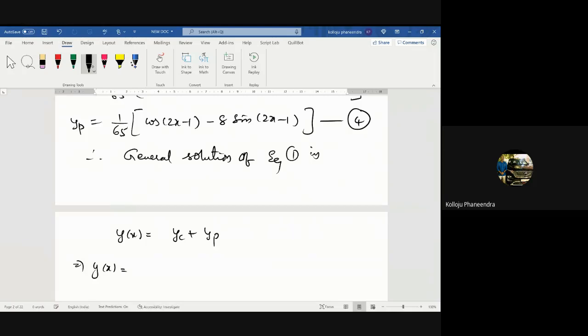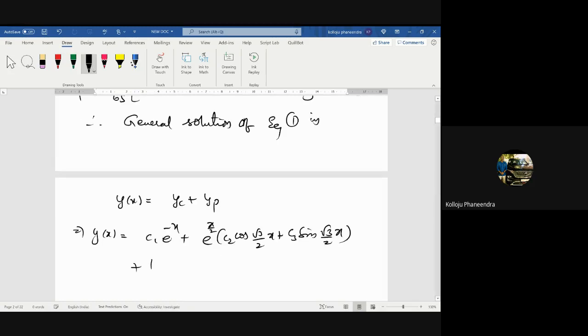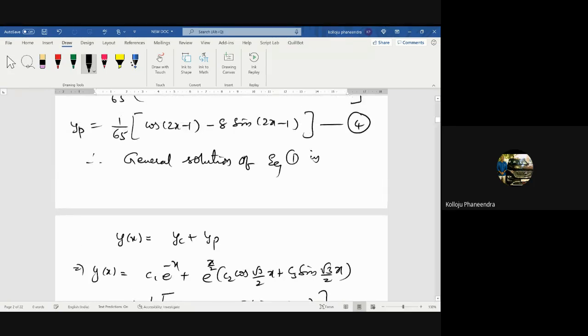So y of x equals, what is the complementary function? C1 e to the power of minus x by 2, plus C2 cos root 3 by 2 x, plus C3 sine root 3 by 2 x, right? And coming to this, plus 1 by 65 cosine 2x minus 1 minus 8 sine 2x minus 1. Okay, that's the answer. Any doubts?